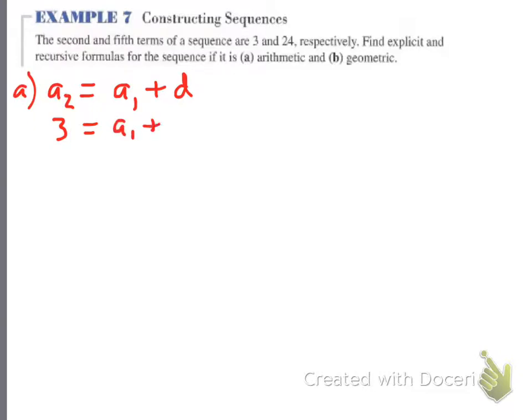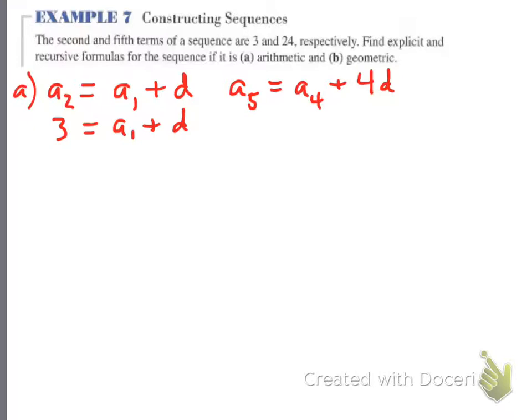Now the fifth term would be the previous term plus 4d. Why 4d? Let's say you're going up by 2. If you go from the first term to the second term, you're adding 2. If you get all the way up to the fifth term, you're really adding 8, because 2 times 4 is 8.